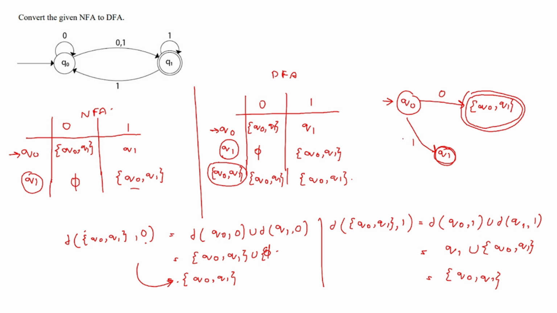Q1 on 0 goes nowhere, and Q1 on 1 goes to Q0, Q1. And Q0, Q1 on 0 and 1 is self looping. So this is the DFA diagram. For the given NFA we have converted it into its equivalent DFA.